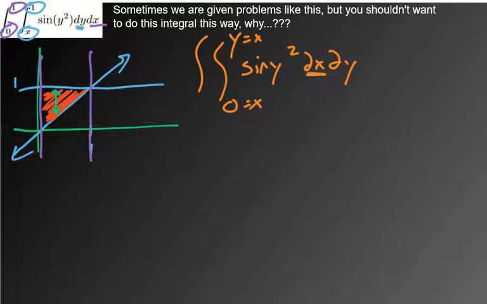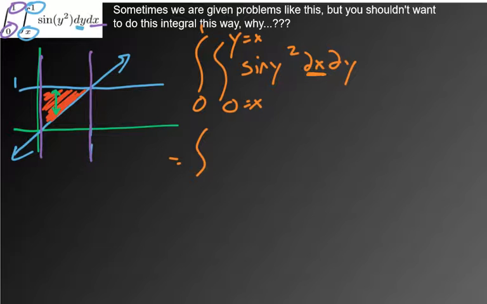And then the outer bound doesn't change, but our interpretation of it changes. Before we were thinking about x running from 0 to 1, but now we're thinking y is running 0 to 1. So this is still 0, 1, but basically a different variable, y instead of x. And then it's a much easier integral now.